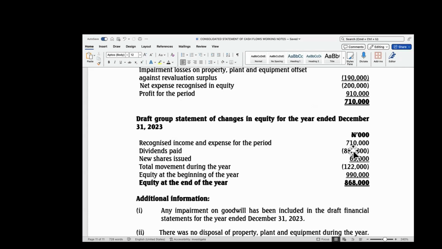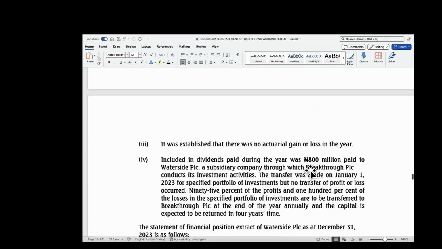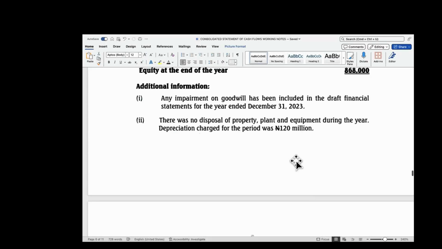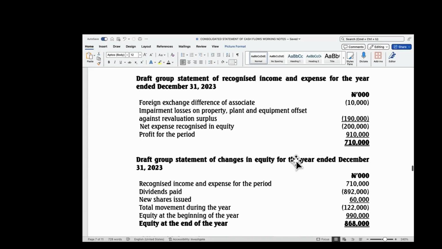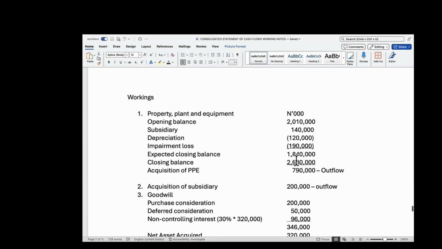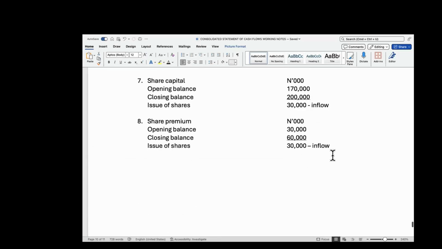However, out of these 892, 800 of it was an investment. Yeah, this note 4, investment in Waterside. So I need to remember. Let me use the retained earnings to do that.